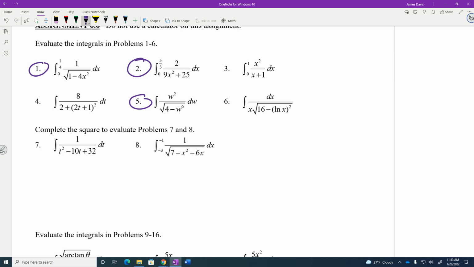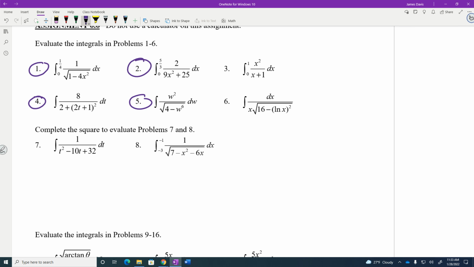Three already. Actually, number 4 could be doable. Yeah, it's better than number 6.